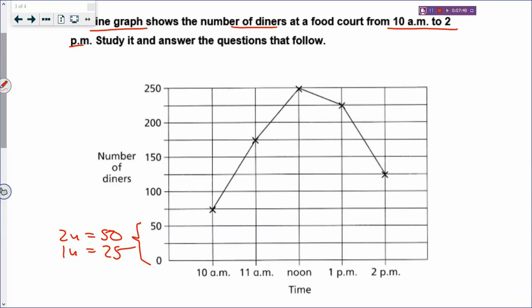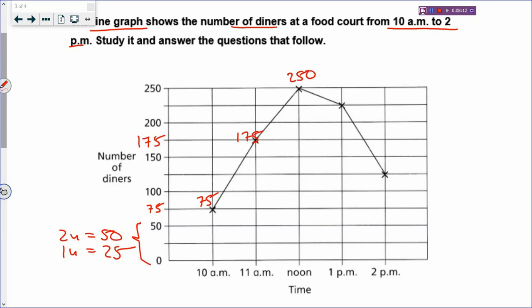So how many diners are there at 10 a.m.? So you have 50 plus 25. So that will be 75. And then how many diners at 11 a.m.? So you plus another 25, that will be 175. Okay, so every gap you just add 25. Okay, and then 12 p.m., which is noon time, that will be 250.